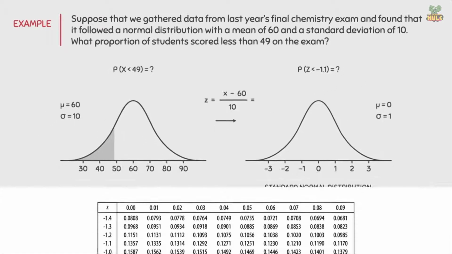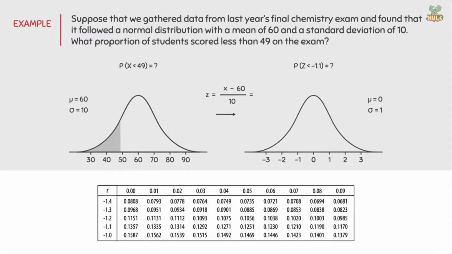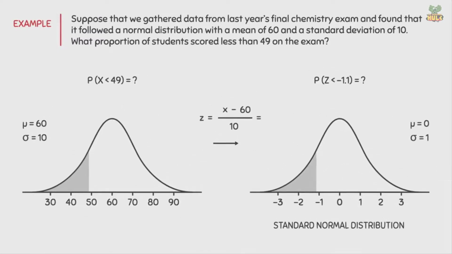And finally, we can use the z-score table to determine how much area is associated with this z-score. According to the table, there's an area of 0.1357 to the left of this z value. This means that the proportion of z less than negative 1.1 is 0.1357. This value is in fact the same proportion of individuals that scored less than 49 on the exam. As a result, this is the answer.